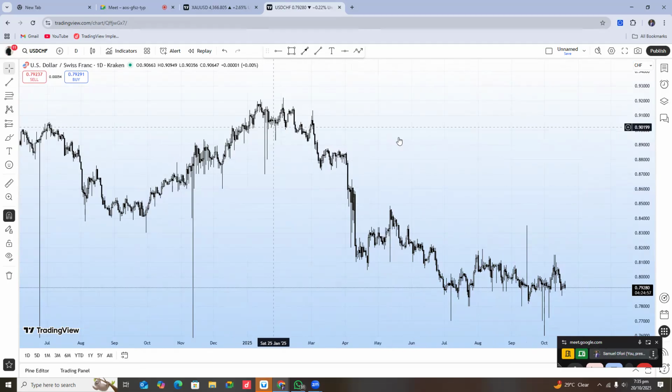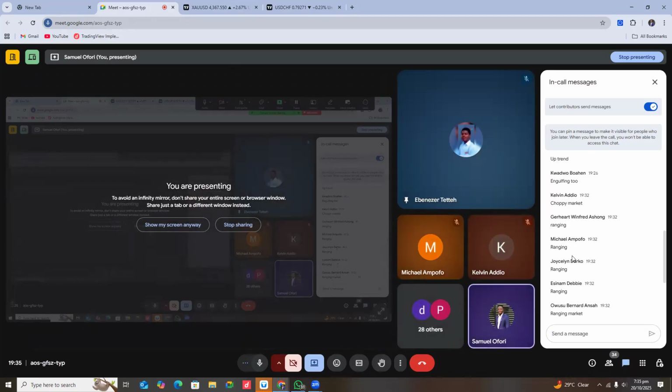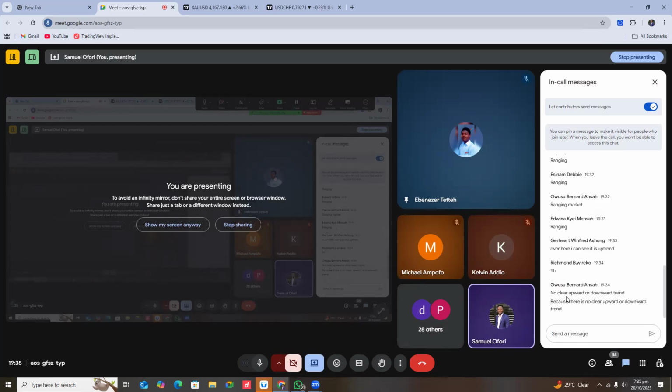I understand why. Who said it's choppy? Somebody said it's choppy. Kelvin said it's choppy. No clear upward or downward trend because there is no clear okay. So you wanted to explain why, but what is this?